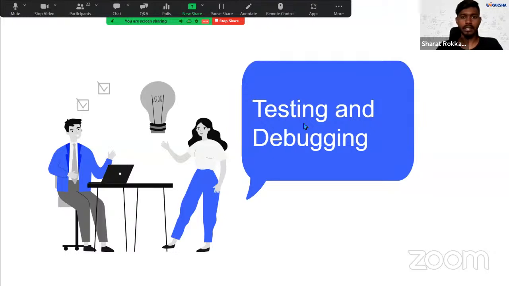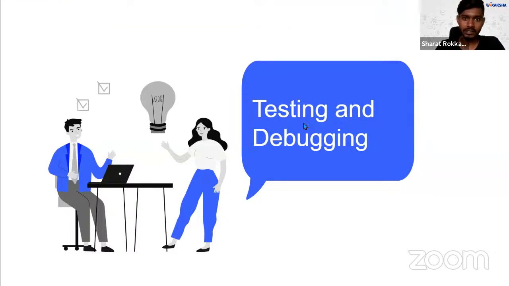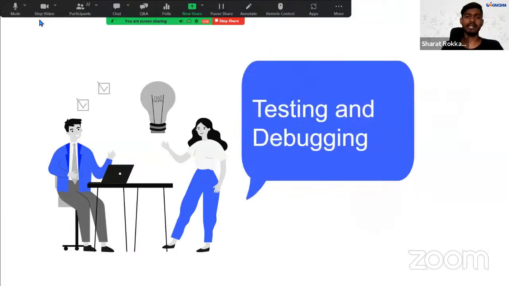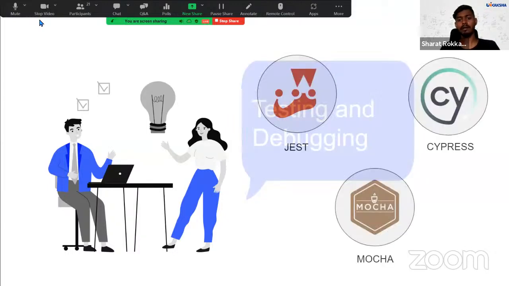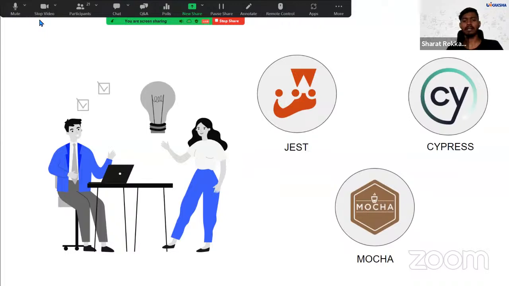Whenever you create a website, it's really important to understand if it is bug free, if it is performing really well for the user, if it is appealing to the user, how its user experience is, and if it is able to fulfill the needs of the user or not. So for that, testing and debugging needs to be done. For testing and debugging, there are a few tools in the market like Jest, Cypress, Mocha, and a few more like Enzyme and all.